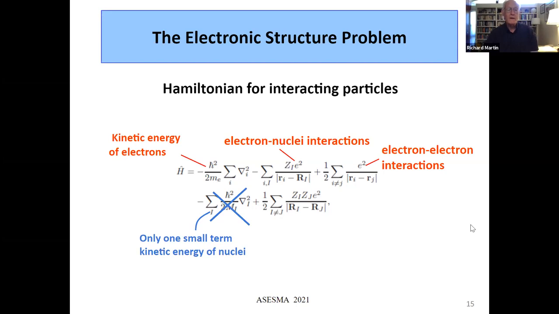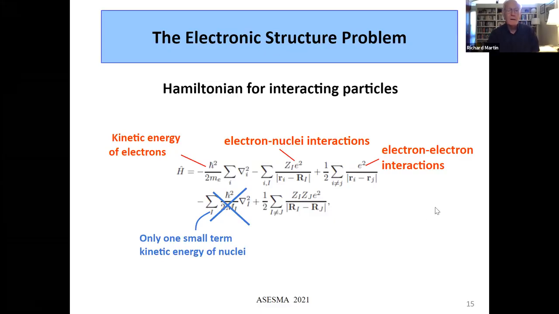We fix the nuclei for the purposes of developing density functional theory, and then they're the static external potential, the external potential that the electrons feel. And later one can put it in by perturbation theory if you wish.